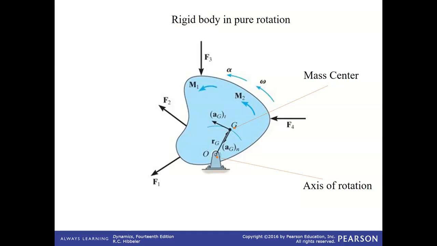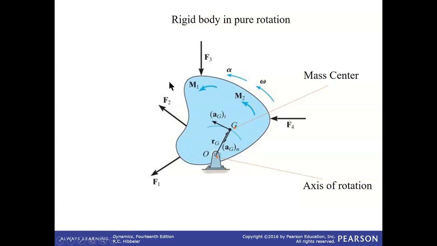So let's start with this simple diagram here. So this is rigid body in pure rotation. Now the body rotates in XY plane only, which is the plane of this slide, and the Z axis is perpendicular to this slide and coming out from the screen. Now capital G here is the mass center of the rigid body, and O is the axis of rotation of the rigid body.